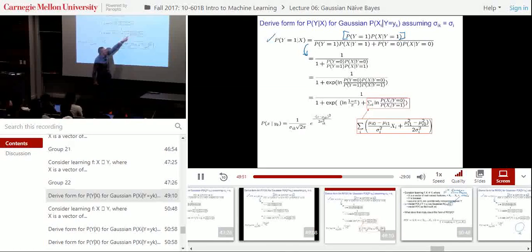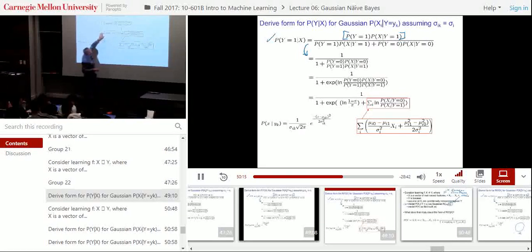And it takes some arithmetic to get from here to there. I encourage you again to go through the reading to get that. I'm not going to go through the arithmetic here. But the bottom line is, this is now the form of P of y equals 1 given x.